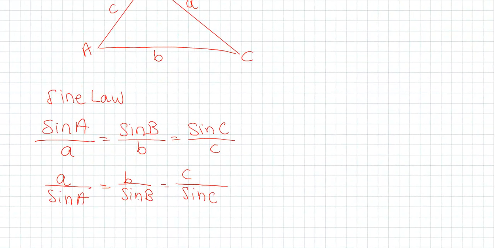And then basically for the cosine law, which is the other law that we use, do you guys remember it? What is it? So, what's the formula? A squared equals B squared plus C squared minus, with cosine of angle A. Yeah, so there are different versions of it again, but this is one of them.